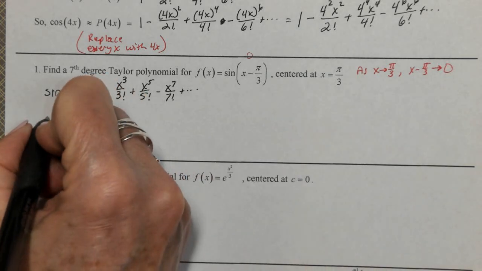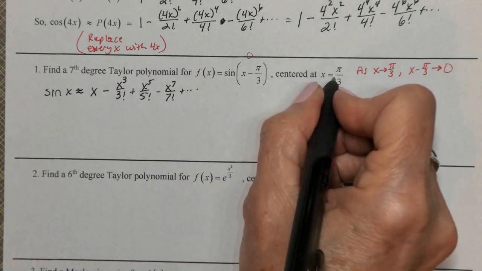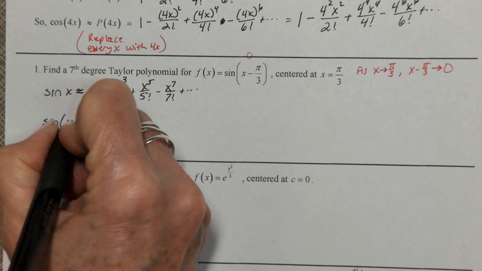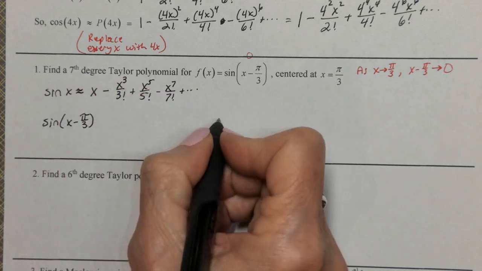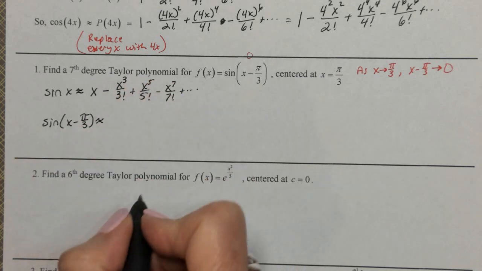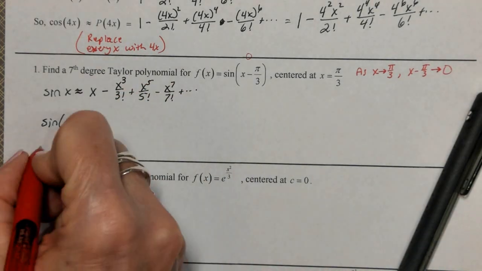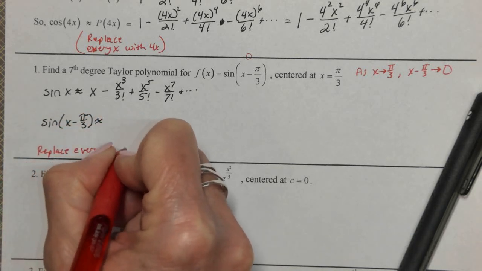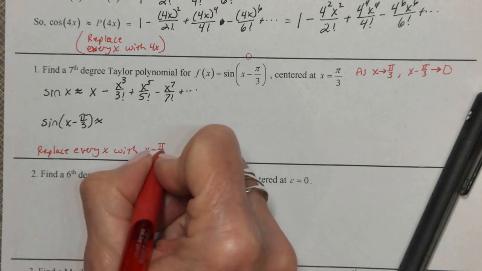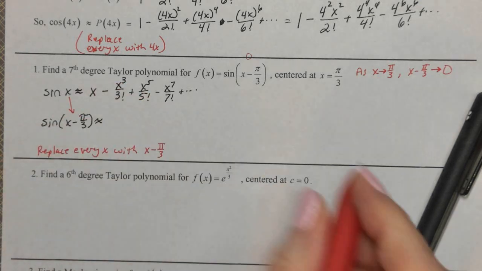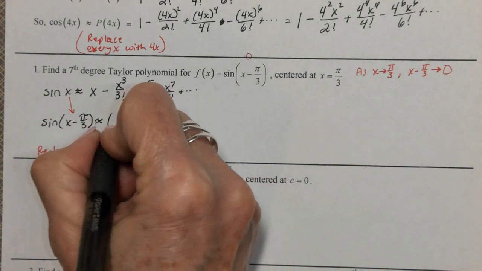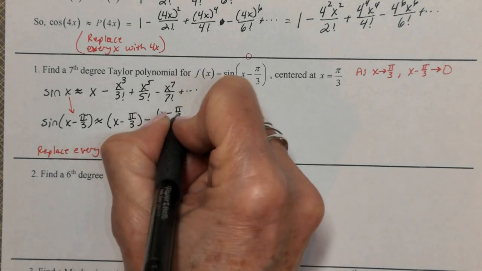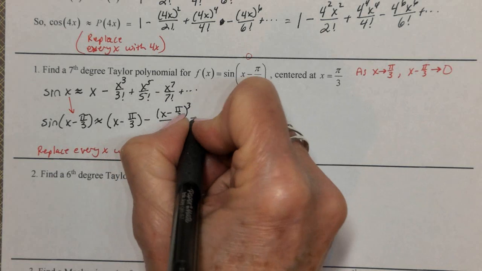So the Taylor polynomial centered at pi over 3, sine of x minus pi over 3, will be: I'm going to replace every x with x minus pi over 3, because that's what we're doing. So replace this x with x minus pi over 3. Replace this x with x minus pi over 3. And keep on going.